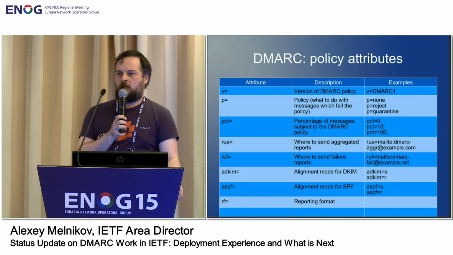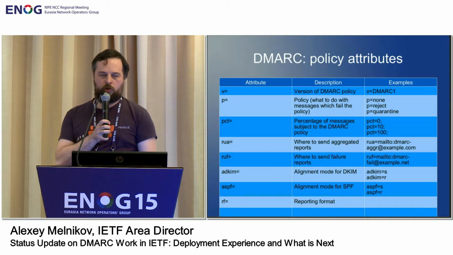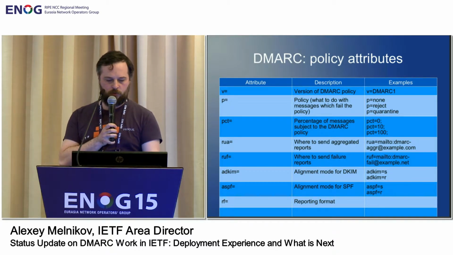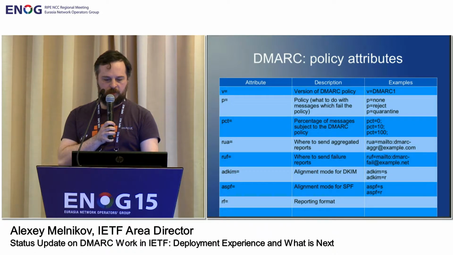It allows administrators to roll out DMARC slowly, starting from a small percentage and just go up, observe reports and see whether there are any misconfigurations, whether there is any downside to using DMARC. Then there are a couple of fields for specifying where to send aggregated reports and failure reports, and more specific controls of how messages are validated.